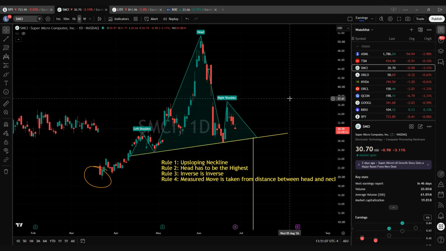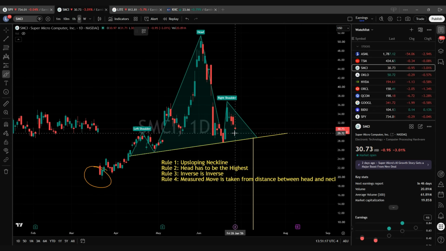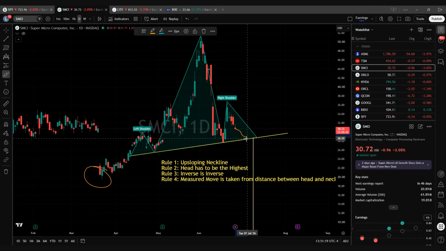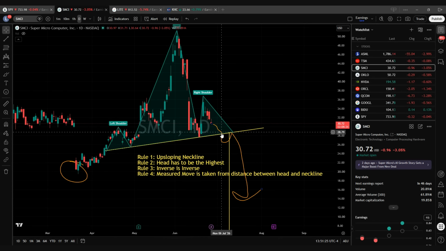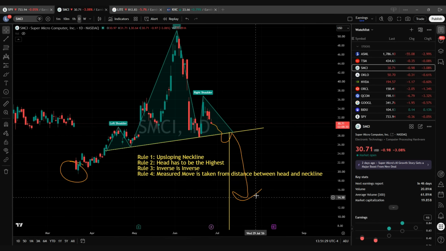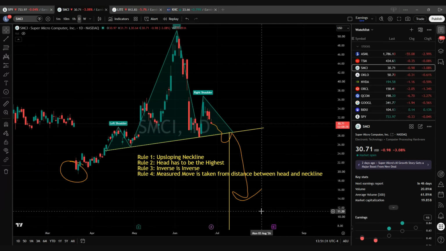If SMCI continues to fall into this week, watch for a close below. Let's say price action does something like this, breaks. Remember what I said, you can either enter on the break or on a retrace back to that neckline, looking for a move lower.